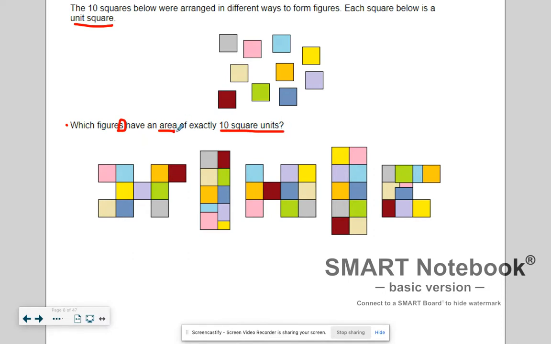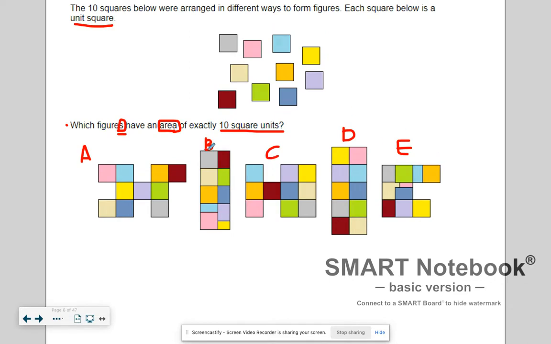Okay, area, remember we're talking about the inside area of a shape. So we're going to call this one A, B, because these are all separate shapes, C, D, and E. So because it says figures, it could be A, B, C. It could be E, C, B.